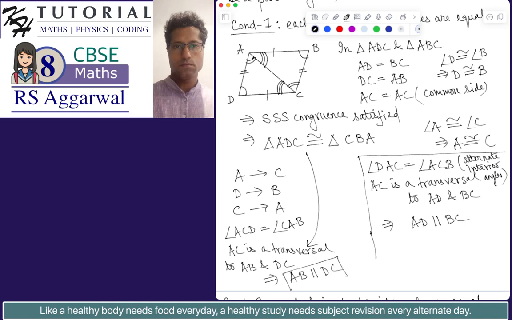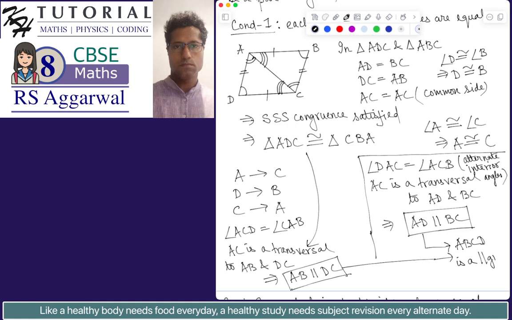So the other pair of opposite sides is also proved to be parallel, and this is another pair of opposite sides proved to be parallel. So these two together, we can say that ABCD is a parallelogram.